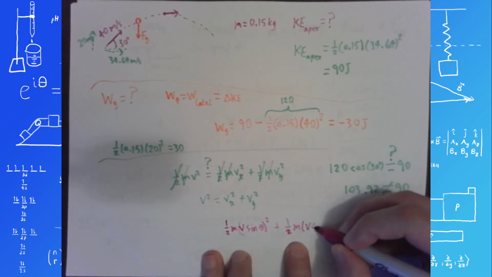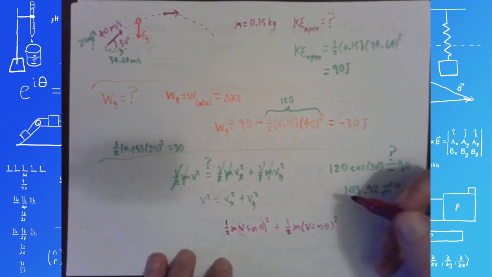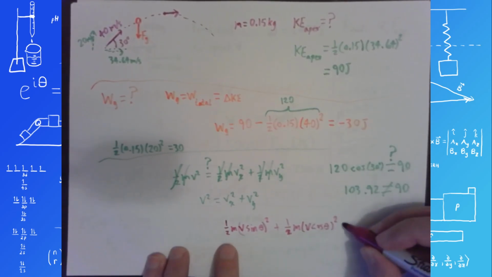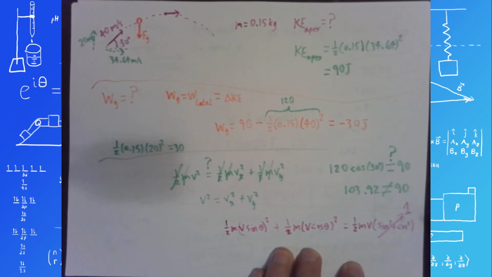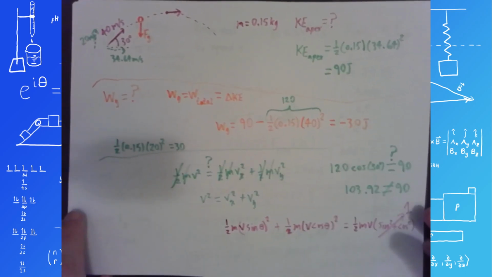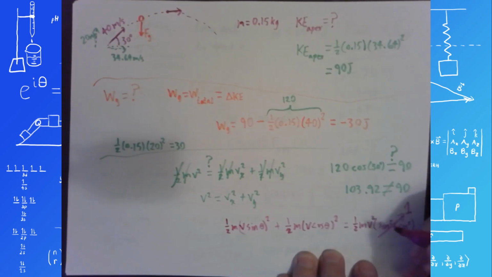Vx squared is v cosine theta squared. And if you factor out the 1/2 m and the v squared, then you're left with sine squared plus cosine squared. And we know sine squared plus cosine squared reduces to 1 if you remember your Pythagorean trig identity.